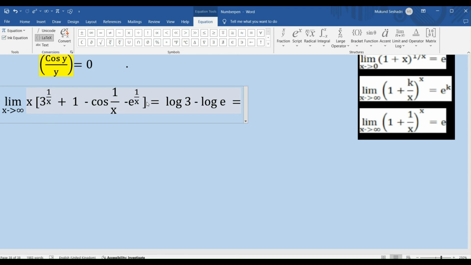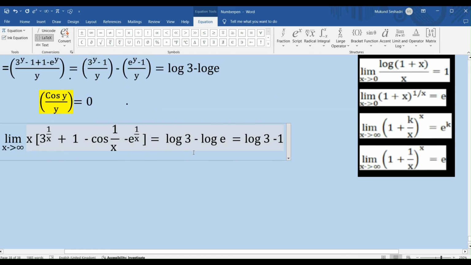So we're left with log 3 minus log e as the final answer. And we know that all these logs are to the base e, right? So what is my log e? My log e is nothing but 1. So my answer to this problem is log 3 minus 1.